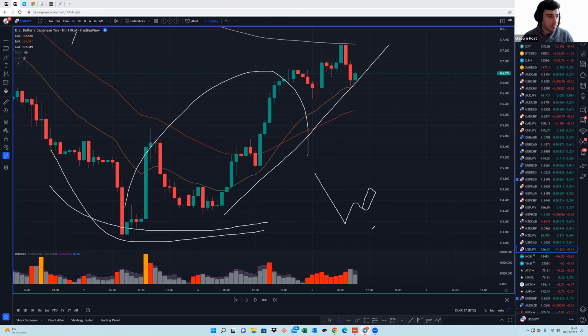Then that daily candle on the 60 will be a proper uptrend.